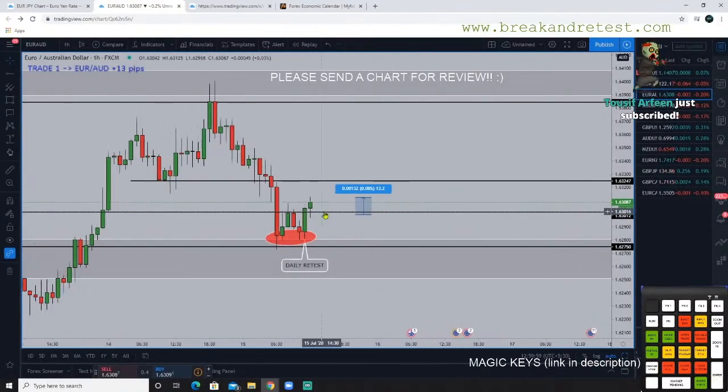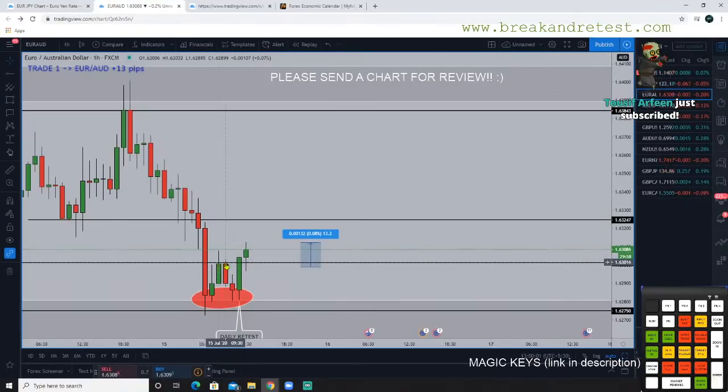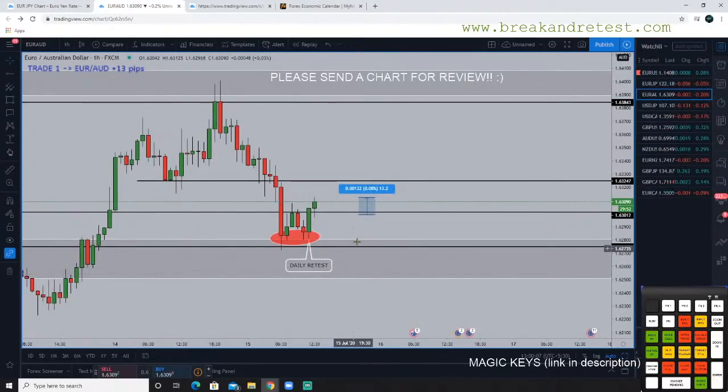Price came, closed above this minor zone, made a retest, continuation. Gave me 13 pips. I closed most, moved my stop to break even. Price came back down again and stopped me out at break even. So, still a win. And like I said before, it still has room to continue up. It's just a matter of time.